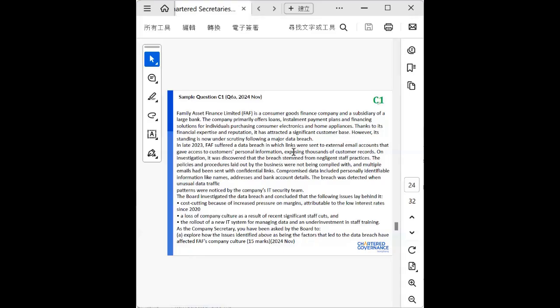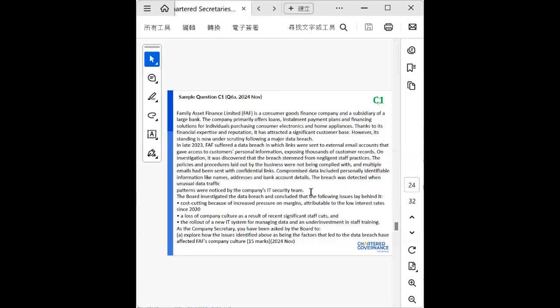The security team's problem is a control system problem, and then the cost cutting pressure on the margin. That's the power structures. Maybe a loss of company culture from a staff cut. That's the organization structures that will have impact on stories and symbols and the control systems when they roll out new IT systems.